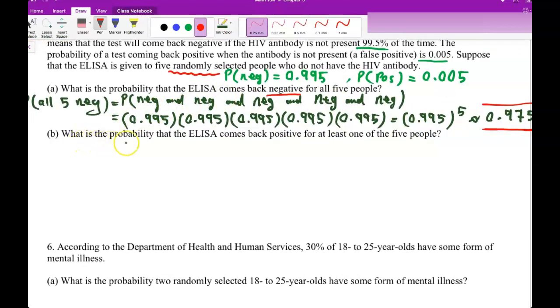Now part B, what is the probability that the ELISA comes back positive for at least one of the 5 people. Since I have at least, I should write 1 minus.